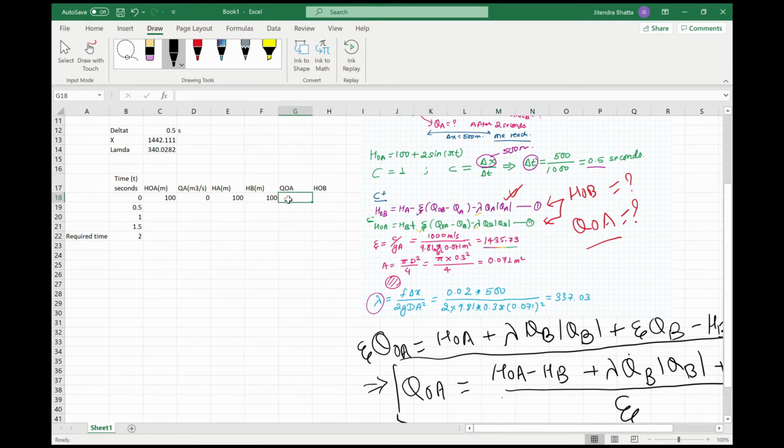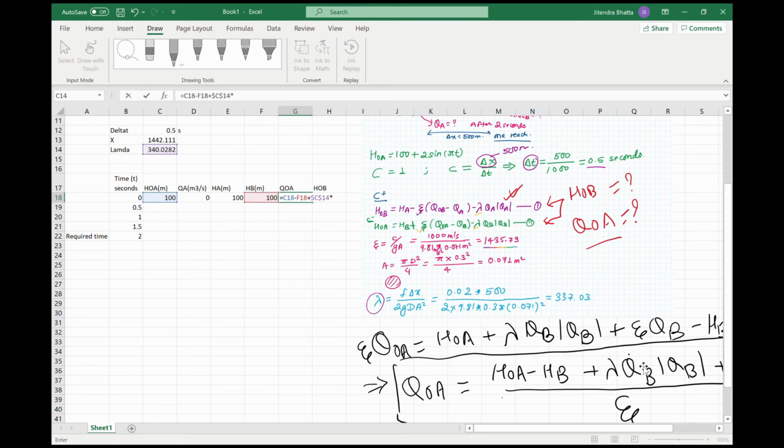So this equals HOA minus HB plus lambda into QB.